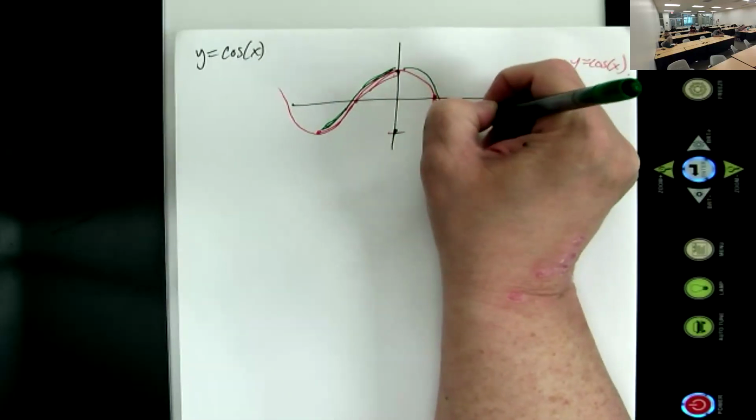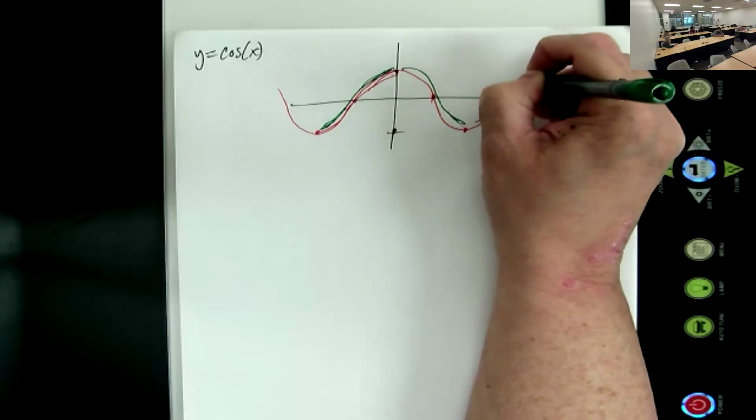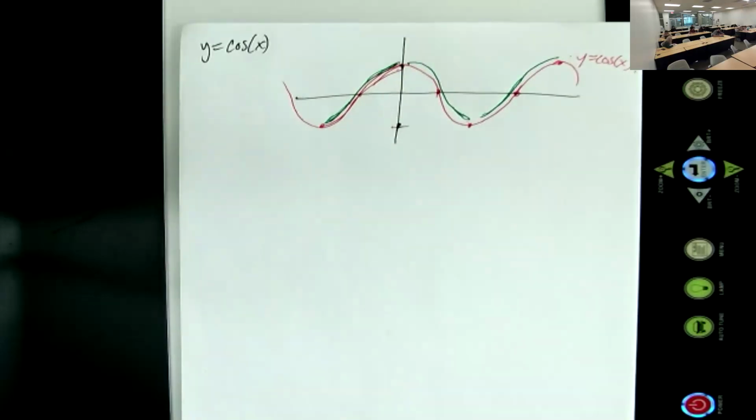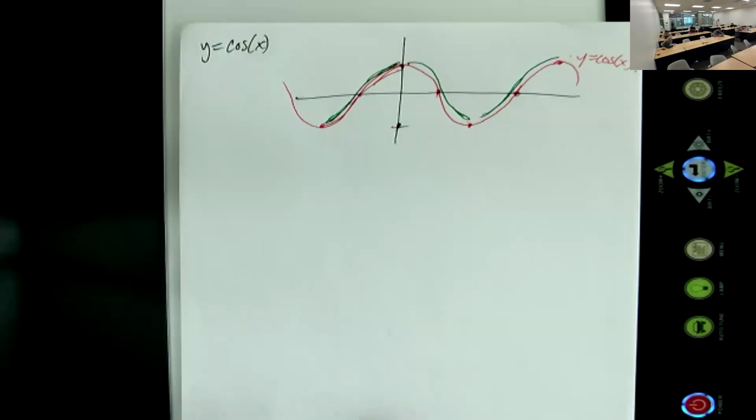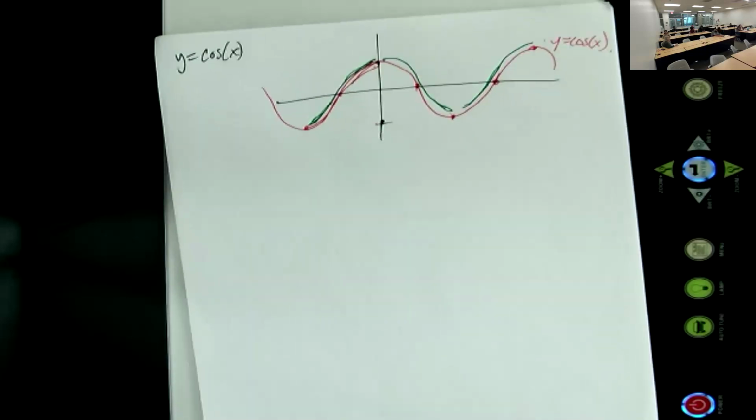We want to choose something that's close to zero.